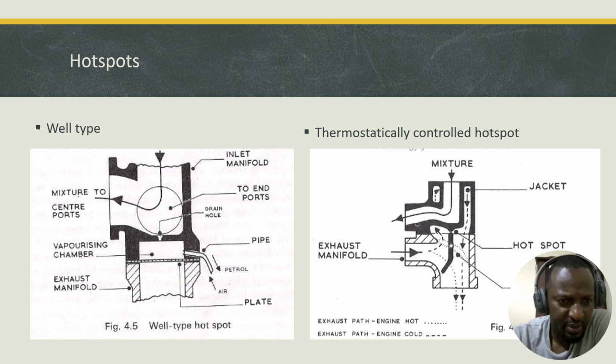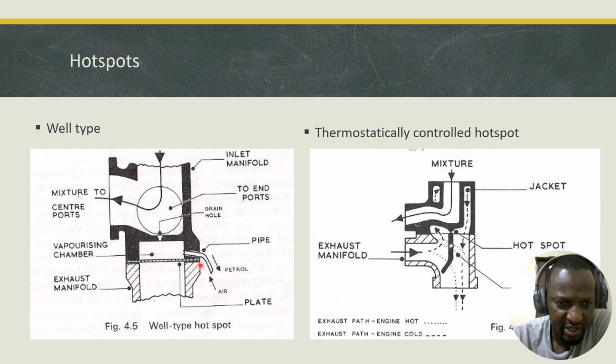Now in the well type, we have the upper part here being the inlet manifold, and we have the charge coming from the carburetor flowing downwards. Let me take a pointer here, flowing downwards through that point and into the ports, while the intake manifold is connected to the exhaust port.